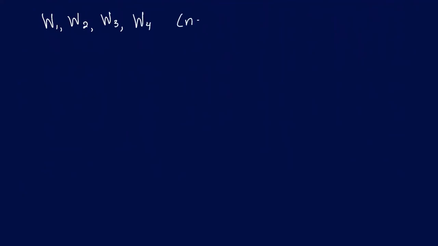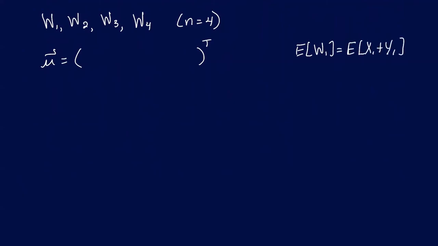Okay, so let's write this joint PDF out in the case of W1, W2, W3, and W4. So here we have n equals 4, and mu is going to be the vector of means for W1, W2, W3, and W4. So we already know the expected value for W1, 2, and 3. This comes from the expected value of x1 plus y1, and you run the expectation across because it's a nice linear operator. And the expected value or mean for the x's were mu's, and for the y's were zeros, so we get mu.